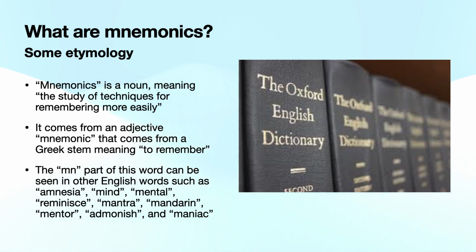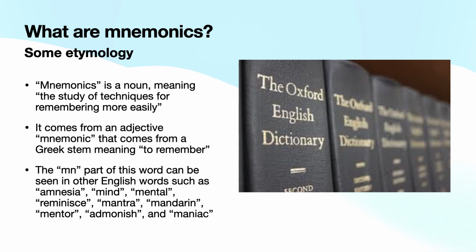If you can guess what color their ceremonial robes were, then you probably know why a certain fruit is called a mandarin as well. Mentor is another Greek word that also means a particular kind of advisor, and a good mentor might admonish you. And of course, a maniac is someone who thinks obsessively about a particular thing.